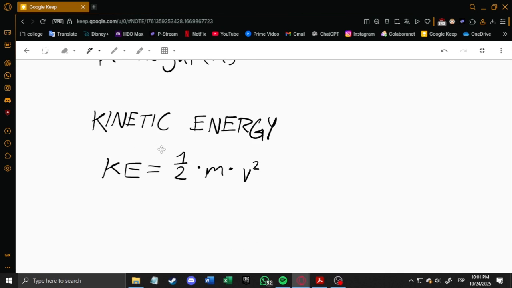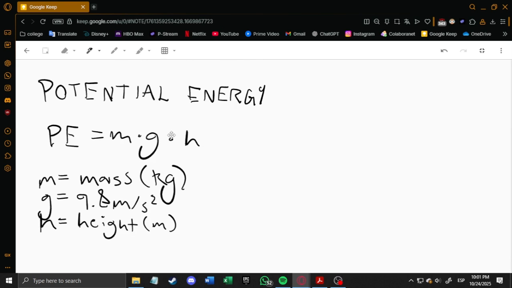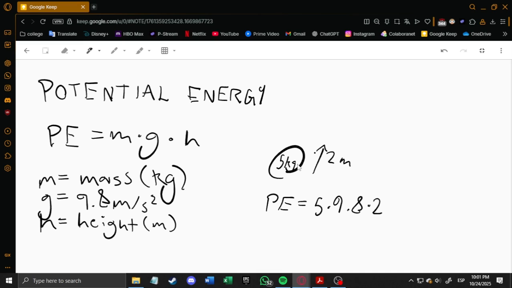So, for example, if I lift a 5 kilogram backpack 2 meters from the floor, the potential energy would be 5 times 9.8 times 2, and that would be 98 joules.